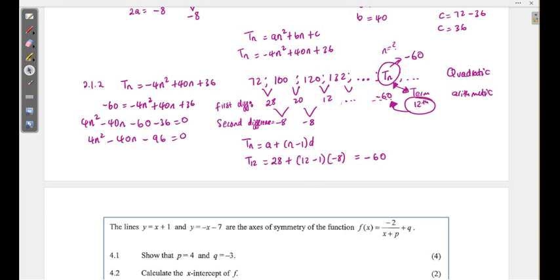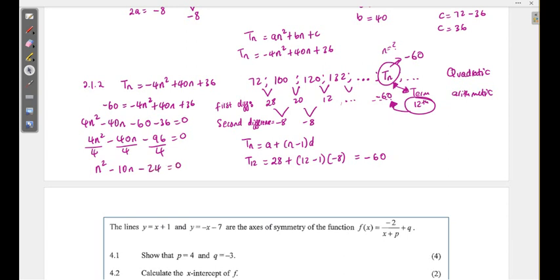Then from there you can solve for the position. We can try to just divide if possible. 96 divided by 4 is 24. So essentially you have n squared minus 10n minus 24.